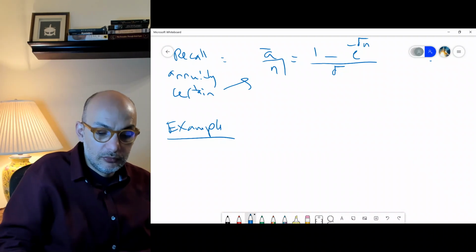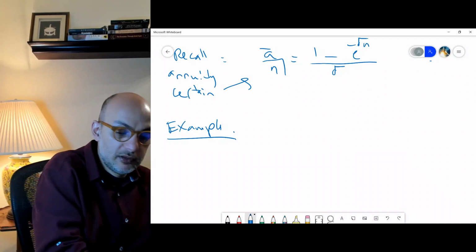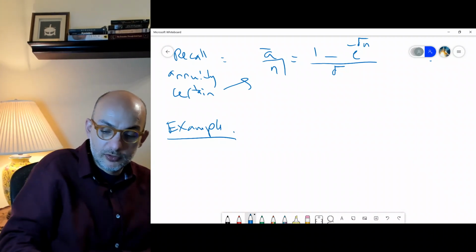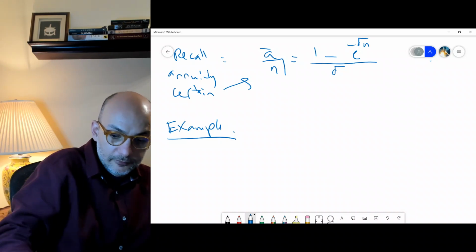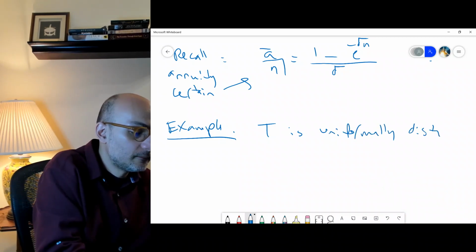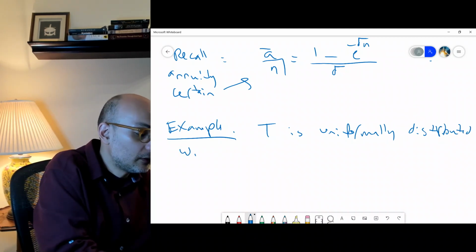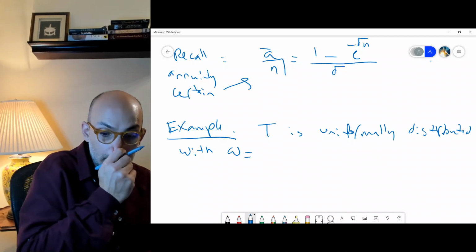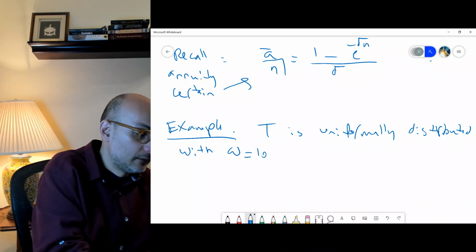So the example we look at: let's say remaining lifetime T is uniformly distributed with omega equal to 100.